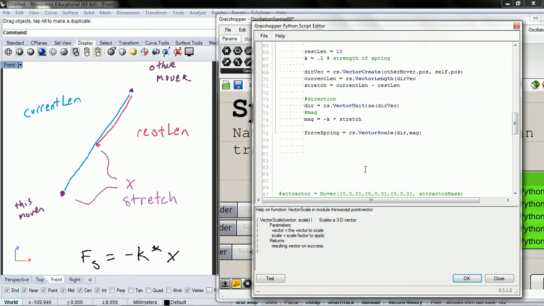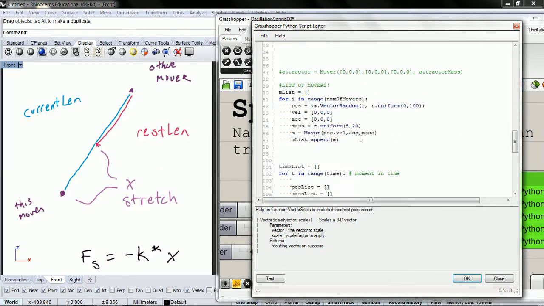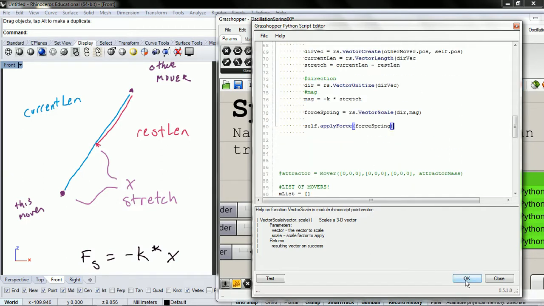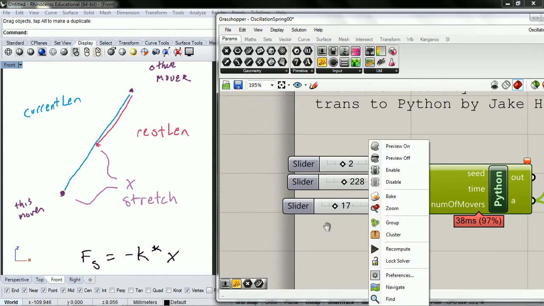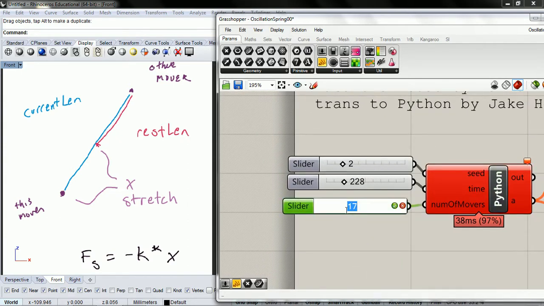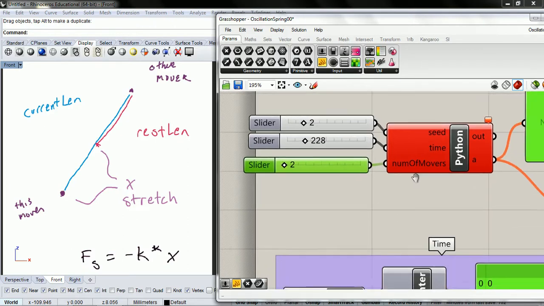So now we just need to apply it. self.apply_force and force_of_spring. So we have that. I'm going to knock this down to 2 just to begin with.